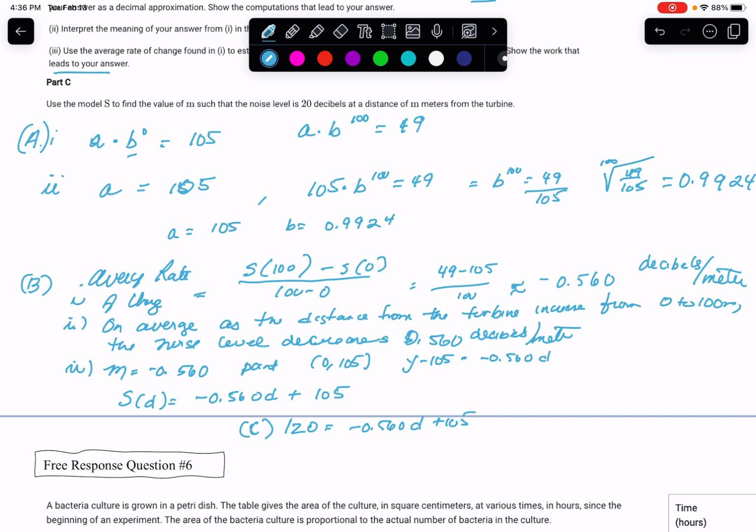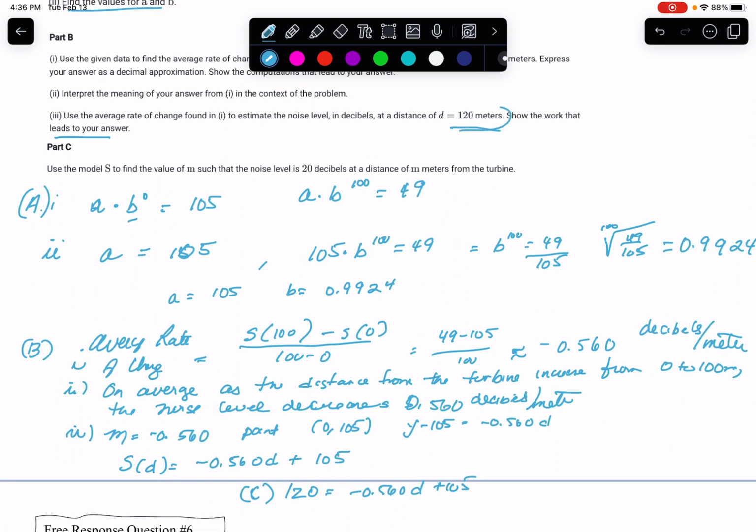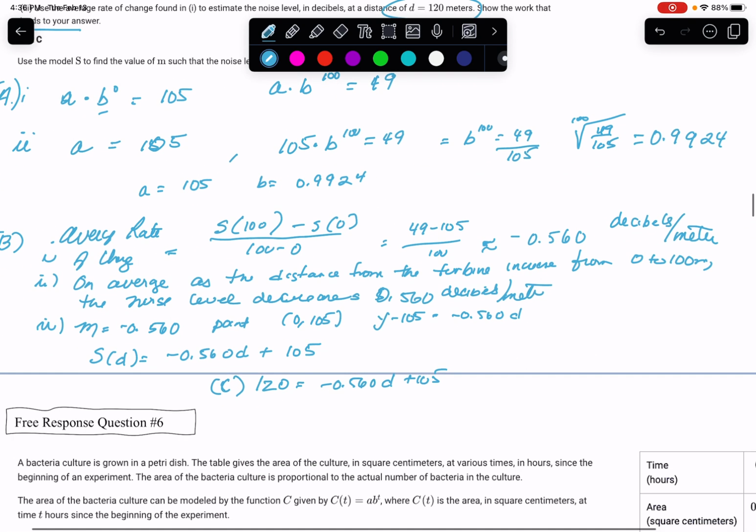B says use that, interpret the meaning, show the work. Oh, we never did what it said to do at 120 meters for part 3I.